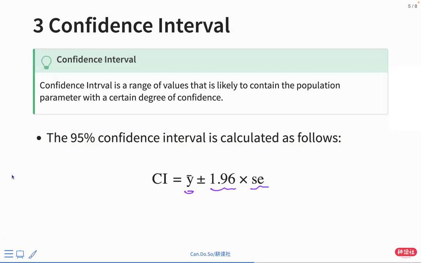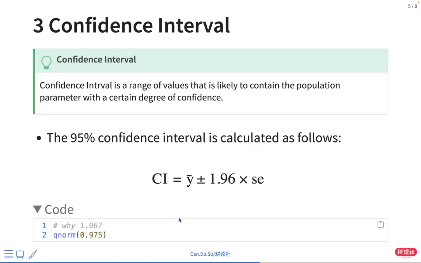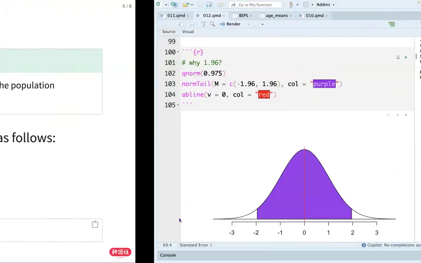So we know the mean of the sample and the standard error of the sample, but what is 1.96? And why is it 1.96? Let's go to R.